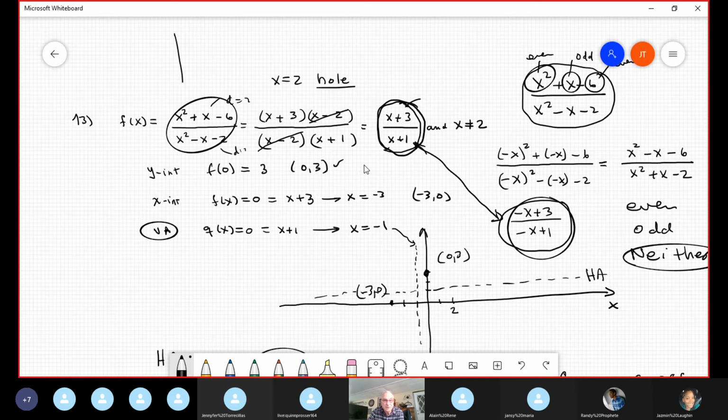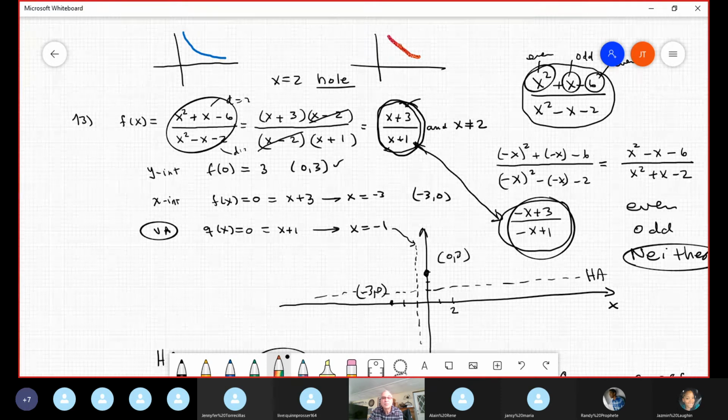Okay, the graph of this and the graph of this are identical. The only thing I used in here was blue color, and here I'm using red color. Well, unfortunately, I have no red color. I have another color like that. Yeah, it's approximate. But the graph of this has no hole. However, the graph of this has a hole. Hole where? At x equals 2. And how do you know the y value?